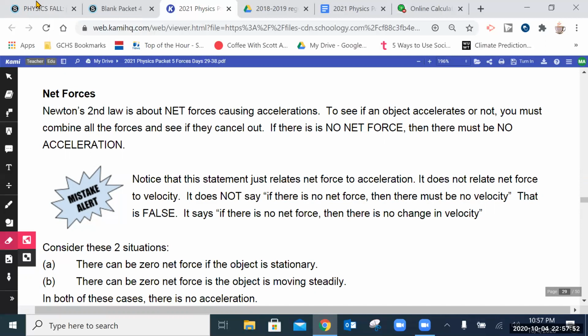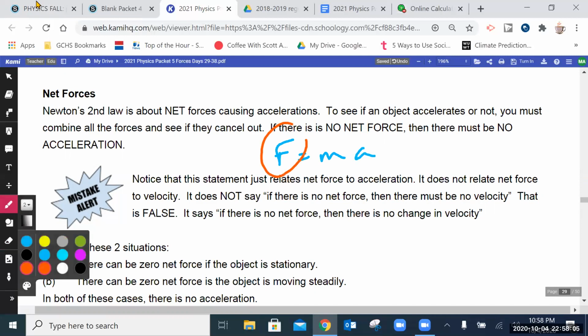Mistake alert. Please note that this statement just relates to net forces and acceleration, as in F equals ma. The force here is the net force. It does not relate net forces to velocity.